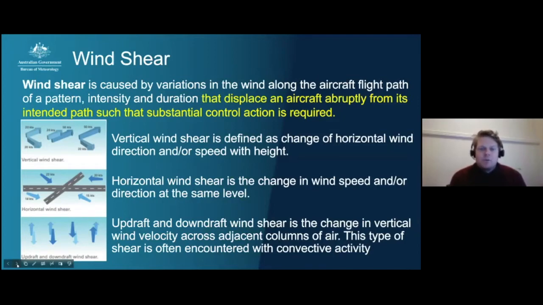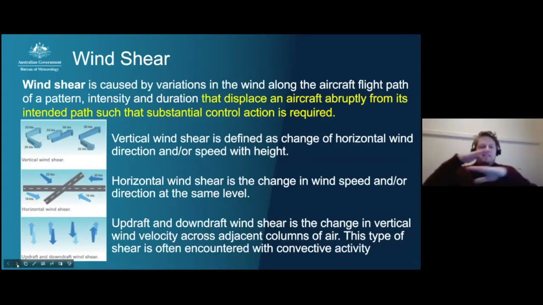So there's a few types of wind shear. Vertical wind shear is where you've got a change of the horizontal wind direction with height. So you might have wind coming, in this example, 20 knots, pointing out of the page, and then you've got another 20 knots above that pointing back into the page.